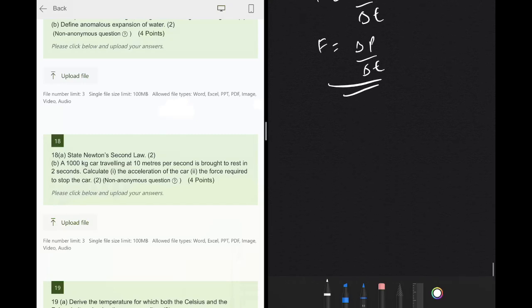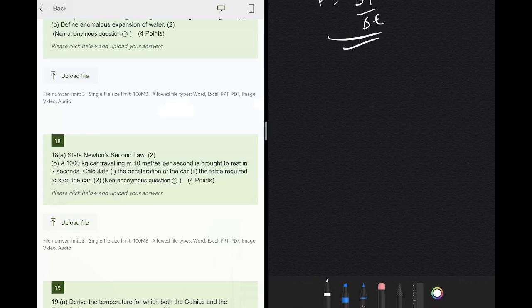A 1000 kg car traveling at 10 meters per second is brought to rest in 2 seconds. Calculate the acceleration of the car. So acceleration is v minus u upon t. So the car is brought to rest, so it's 0 final velocity. Initially it was moving at 10 meters per second and it was brought to rest in 2 seconds.